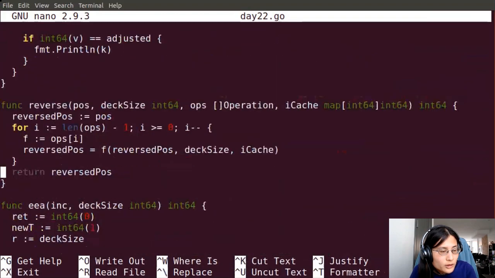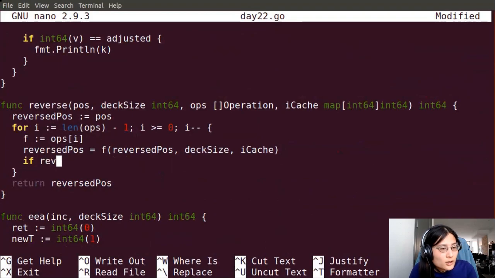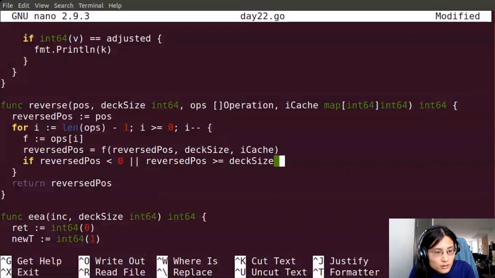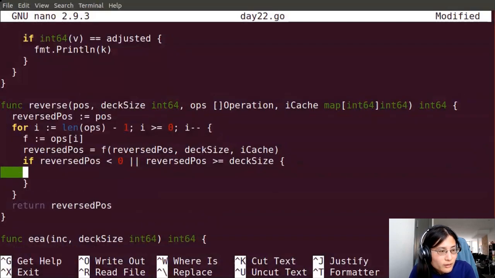Just make sure that we need to bail out right away.